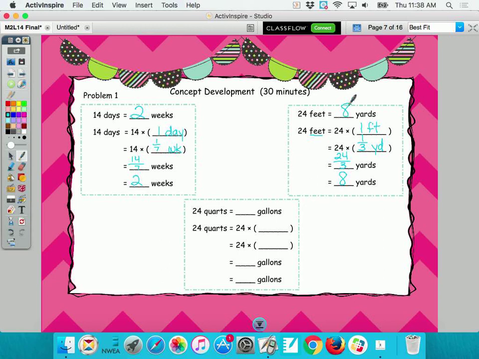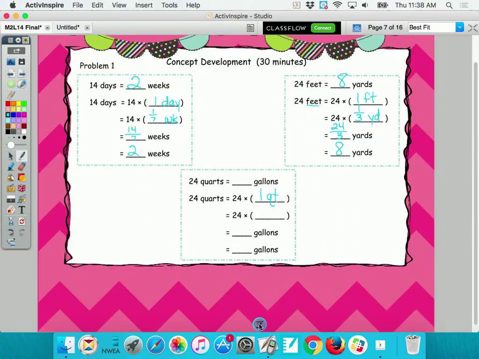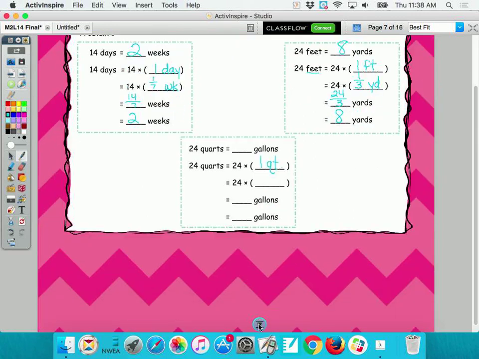Too fun. Okay. So now how many gallons is 24 quarts? Well, 24 quarts, this is how Dwayne said it, is 24 copies of 1 quart. 1 quart is equal to how many gallons? 1/4 gallon, which we know from the other page, right?